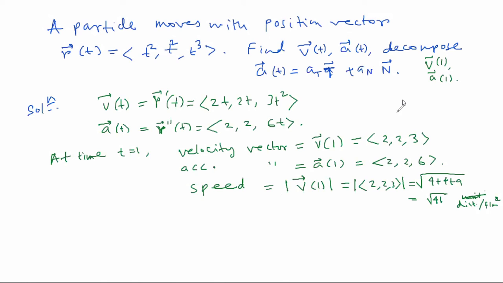Now at time t equals 1, also, this is the acceleration vector at t equals 1. Now you want to write it in terms of tangent vector and normal vector. So what is the unit tangent vector, by the way?